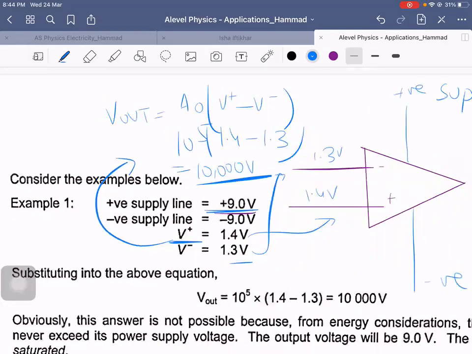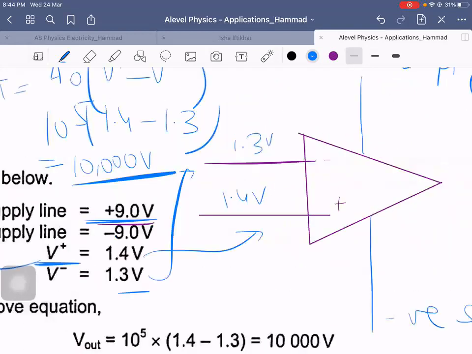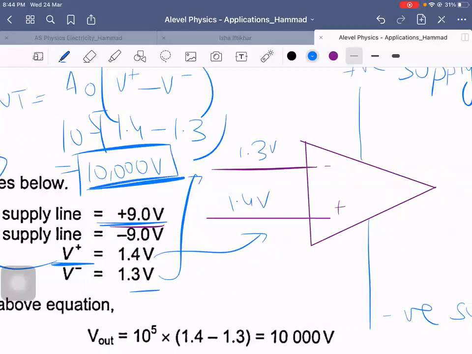Meaning to say, with this difference between the two inputs, I'm getting an output voltage of 10,000 volts, which is practically impossible. I'm providing such a small value of voltage and I'm getting such a huge output, right?